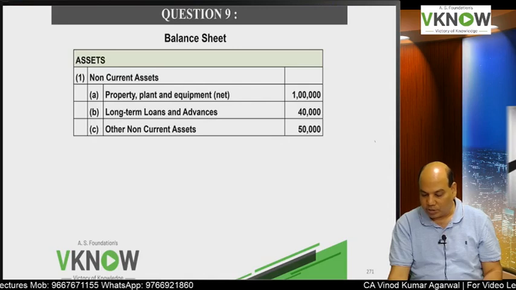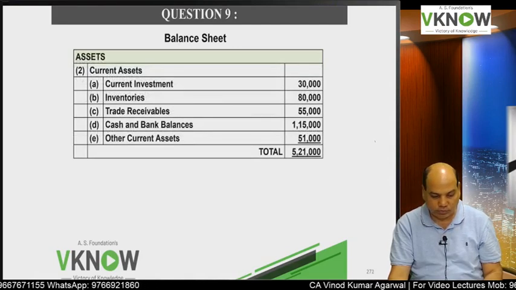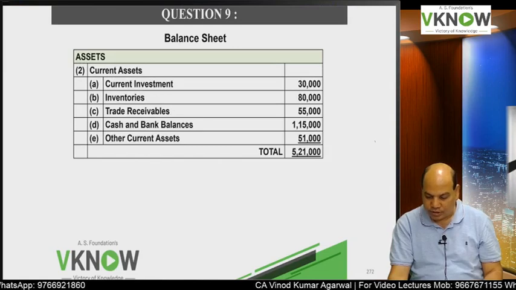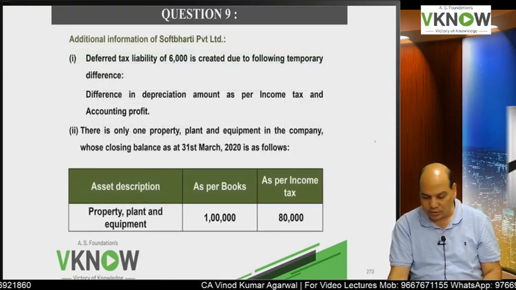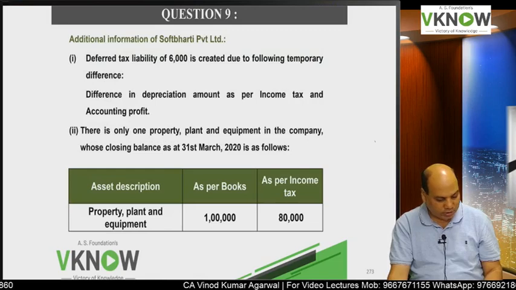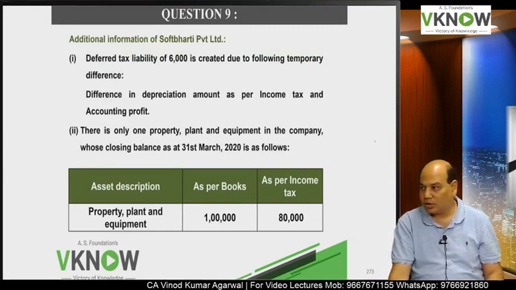Non-current asset, PPE, long-term loans and advances, other non-current asset. Then current asset. Current investment is also there. Inventory, trade receivable, cash and bank, other current assets. Balance sheet is not very difficult, but there is a long list of 9 adjustments. Okay.